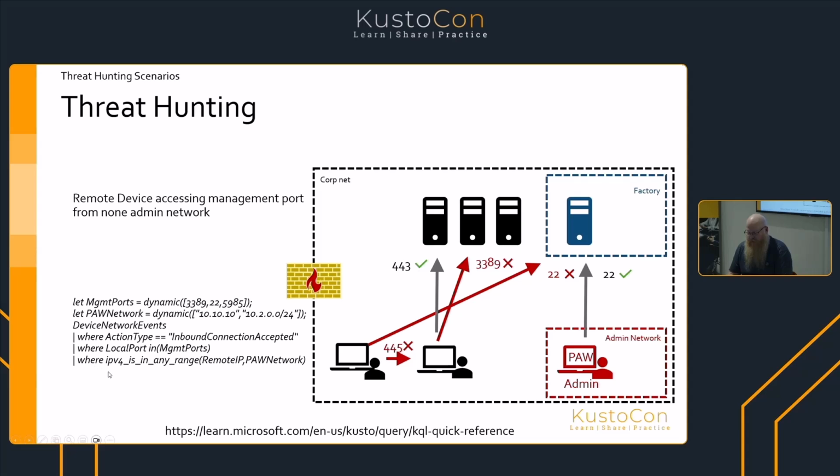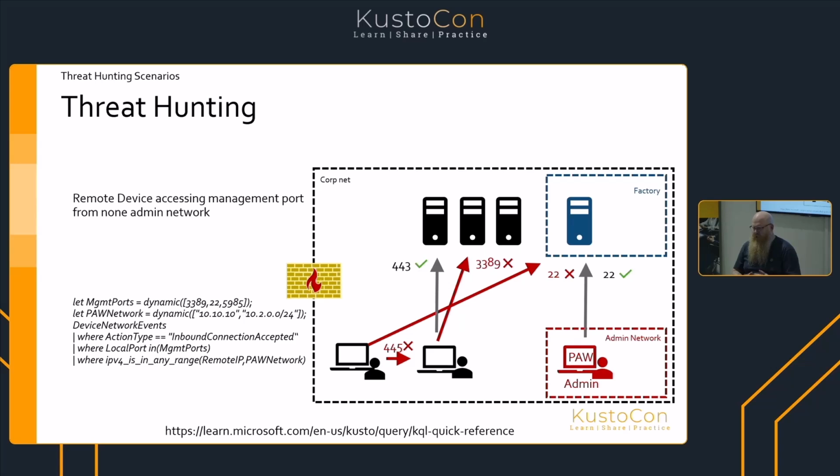And where the IPv4 is in any range, so I look at the remote IP itself and see if that matches the PAW network. And then we can decide whether this should be allowed or not.